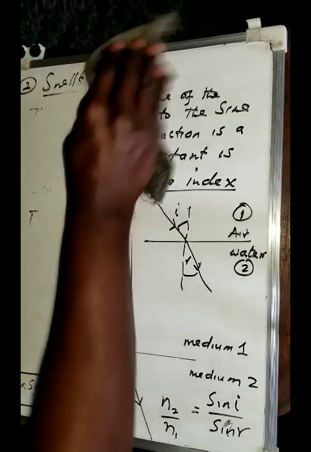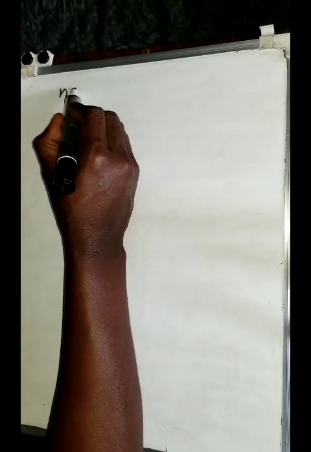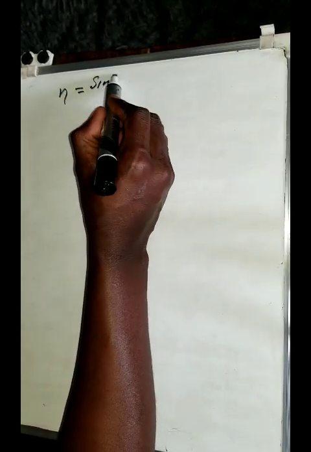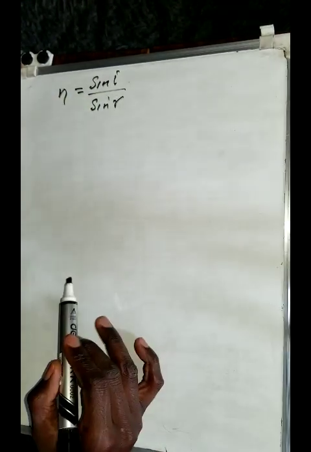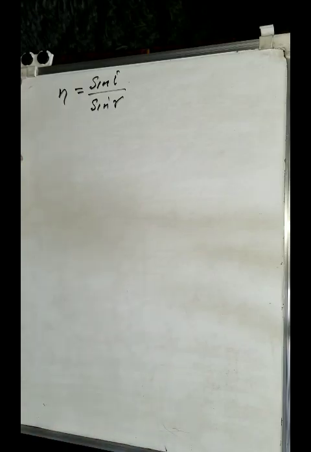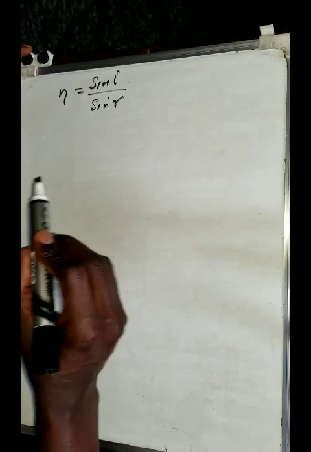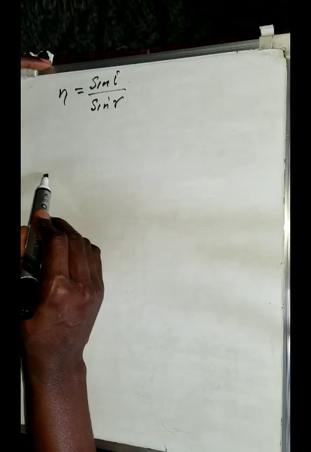Okay. Another thing that I can talk about: according to Snell's law, the refractive index is the ratio of the sine of the angle of incidence to the sine of the angle of refraction. So how can we use this to do some calculations?